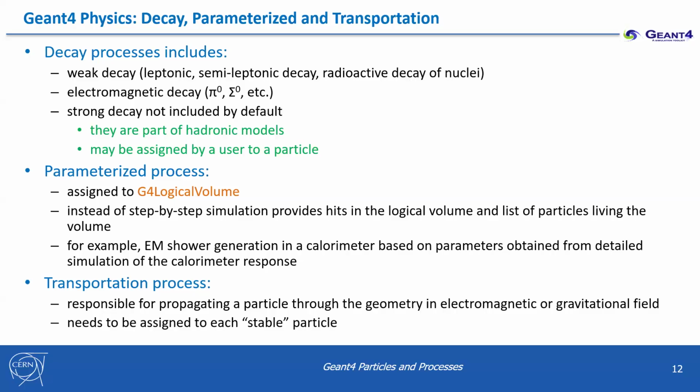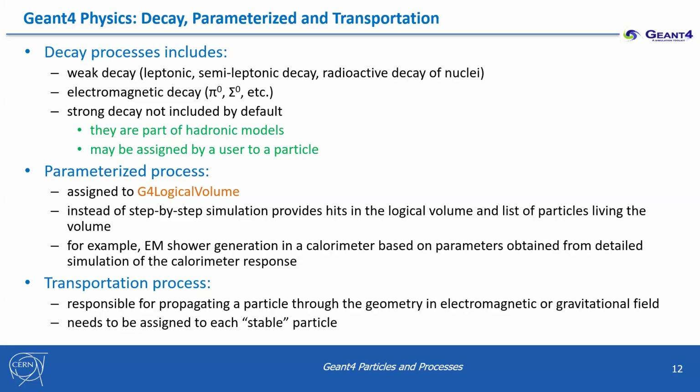They very often are part of hadronic models, and they may be assigned by the user to a particle, especially if we speak about so-called short-lived hadrons. Of course, all possible reaction channels should be included inside a model which uses these intermediate objects in the simulation.